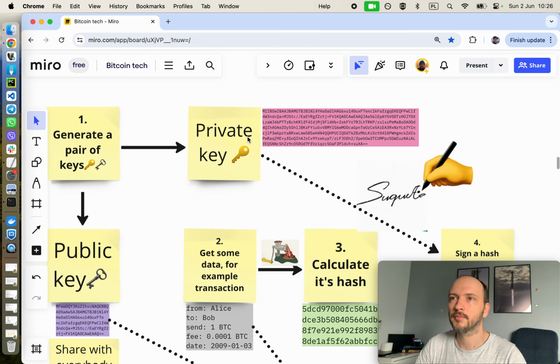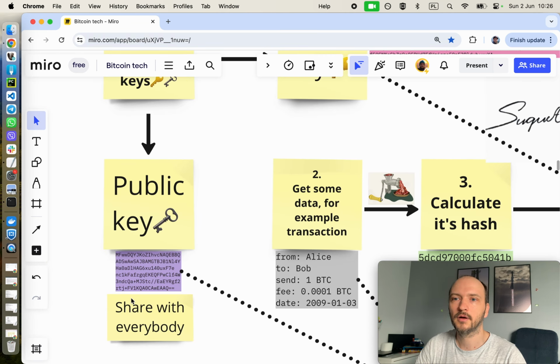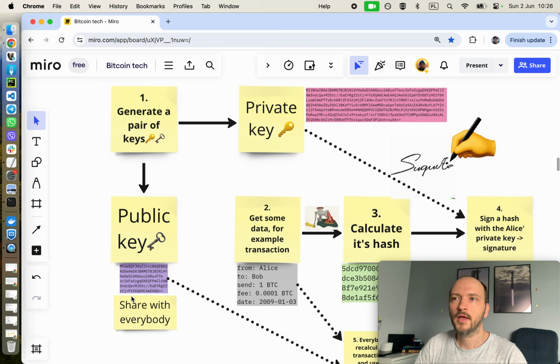So I have an example of a private key and public key here. You keep the private key secret and you share the public key with everybody. And then when you have some data, for example, a transaction like that, so Alice sends Bob 1 Bitcoin with this fee on a given date, probably some other information.